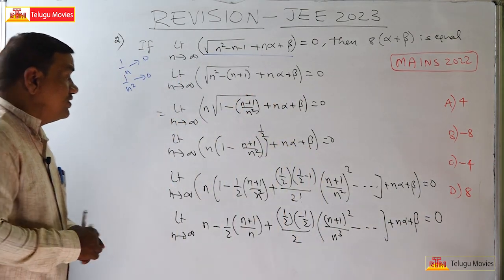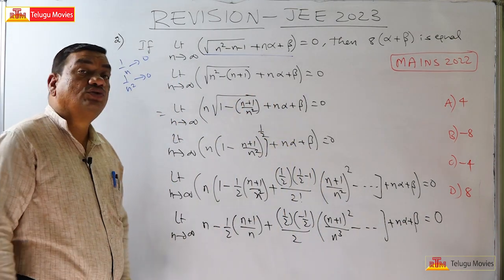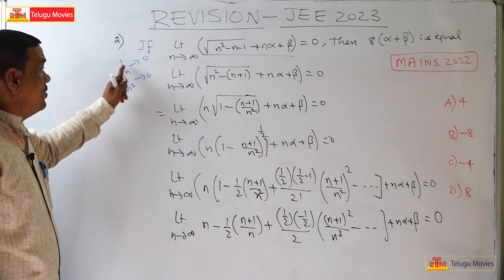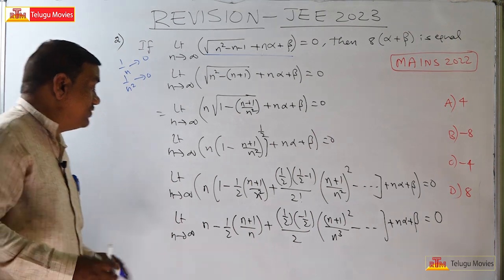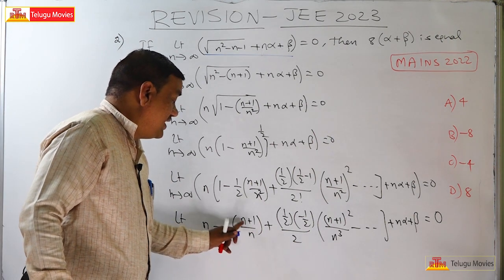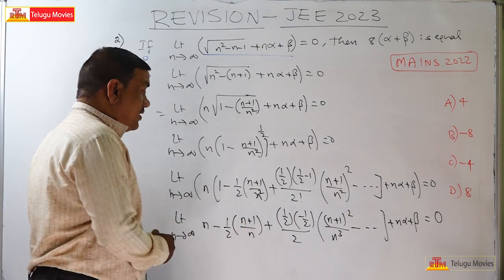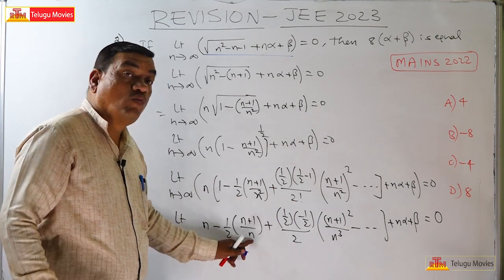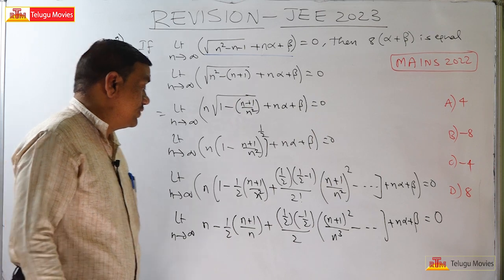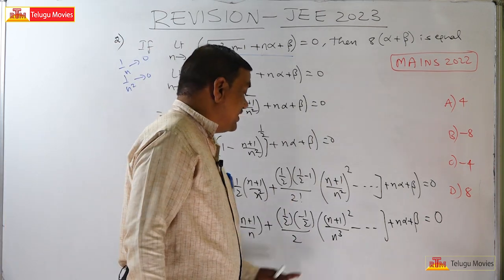Okay now, if you see here, as n tends to infinity, we know that 1 by n tends to 0, 1 by n square also tends to 0. So here n will cancel, so 1 plus 1 by n value is 0. Let us see this constant here.